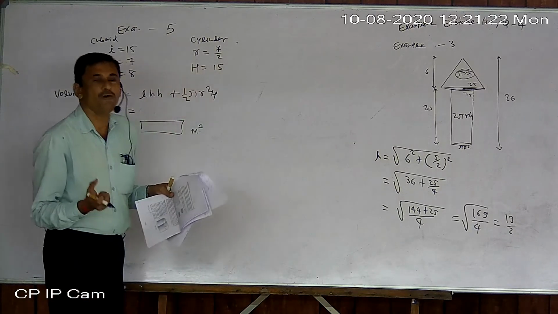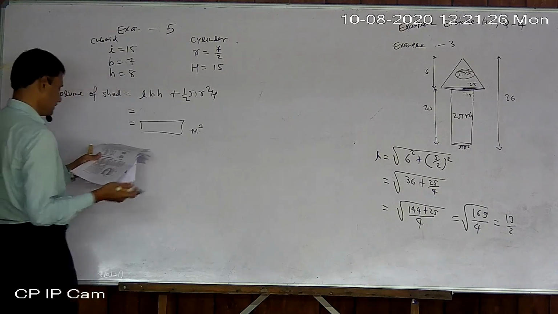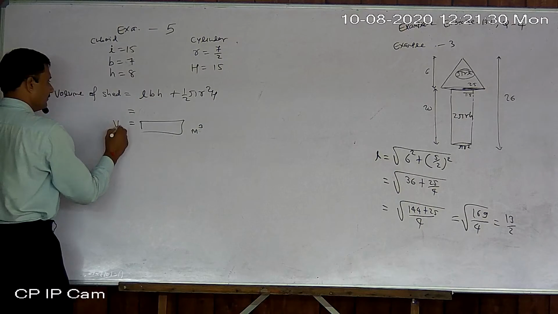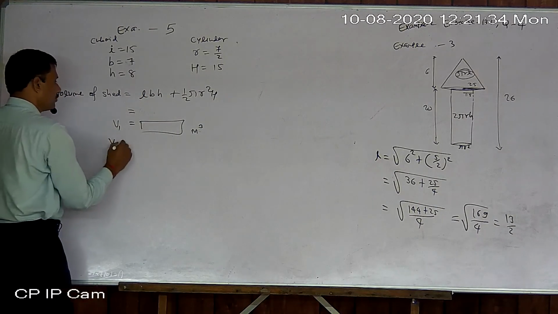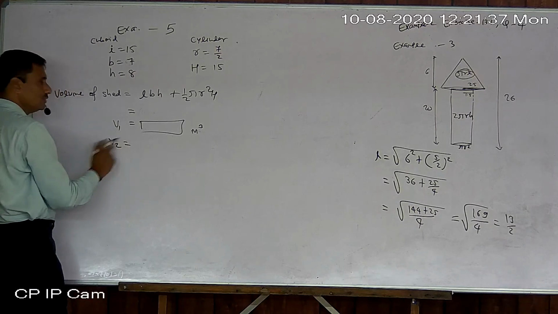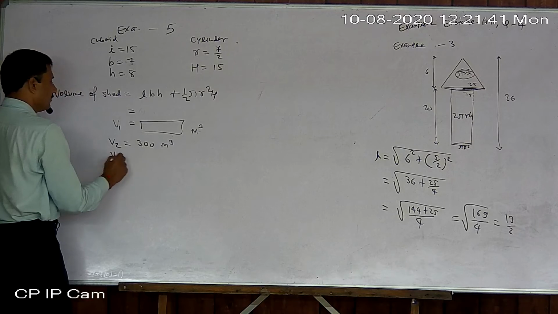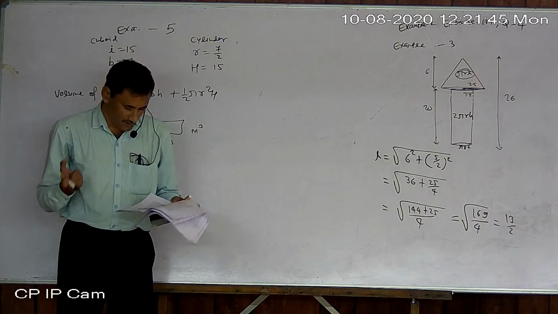Volume occupied by machinery is 300 meter cube. So suppose this is V1. V1 means the whole volume of the shed. Now V2 is of machinery. You have to write in cube here. So it is 300 meter cube. And another volume, volume occupied by persons. So many workers are there.